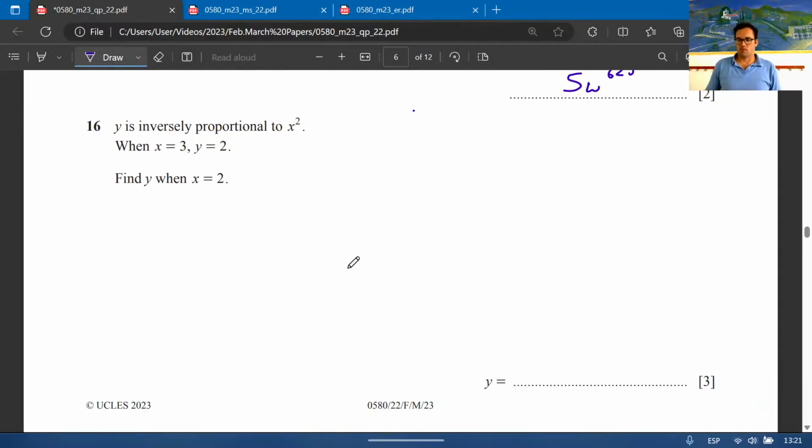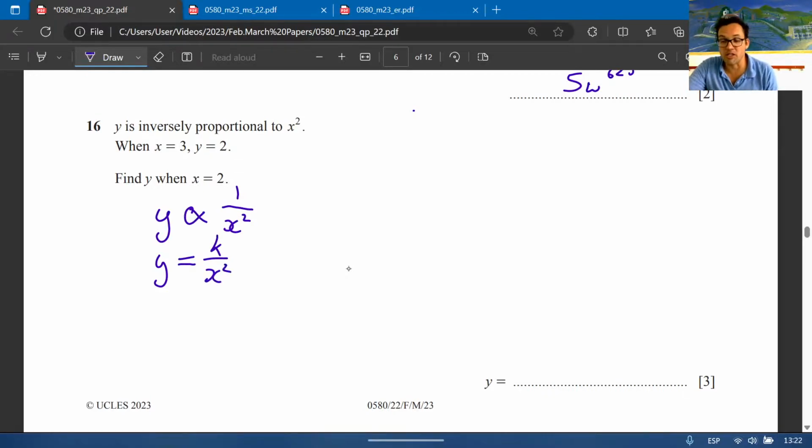Proportion. We're talking about proportion. We use this little special sign, the fish. Okay, so y is inversely proportional. That means we need to write it as a fraction, 2x squared. If we want to change our little fish for an equal sign, we need to bring in the constant k.